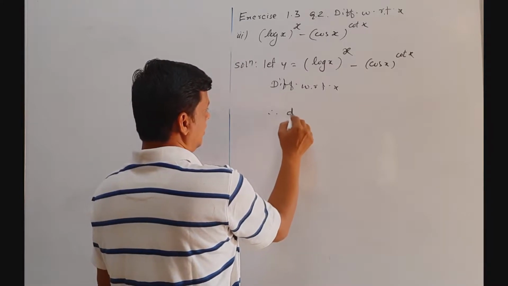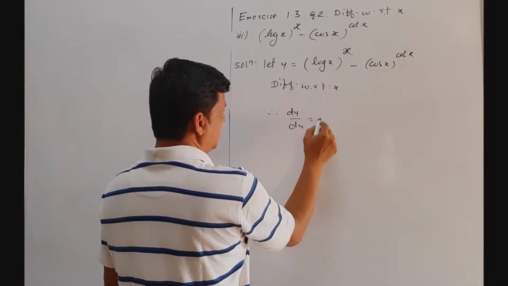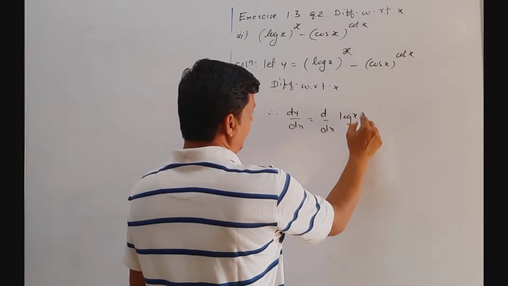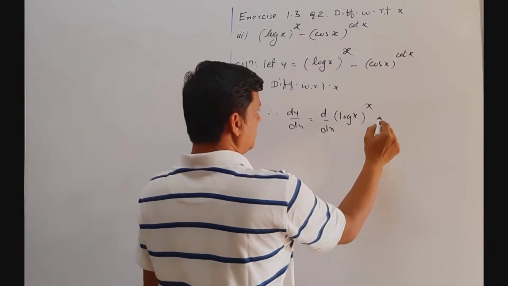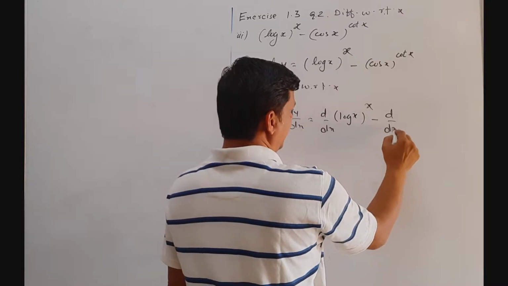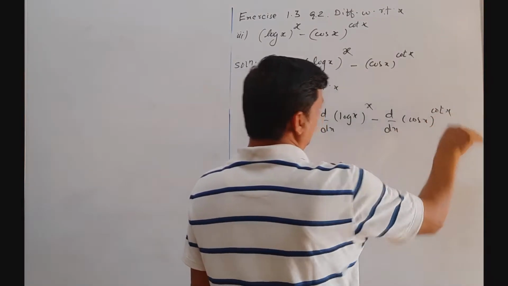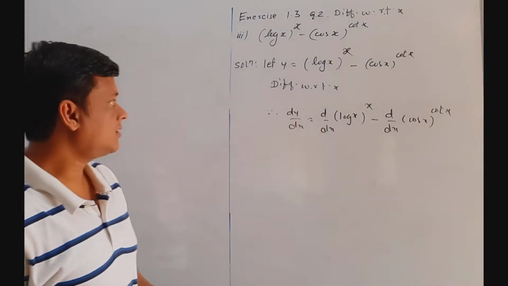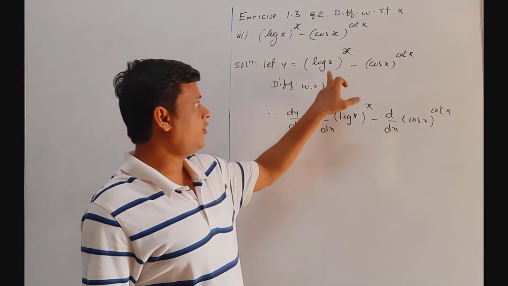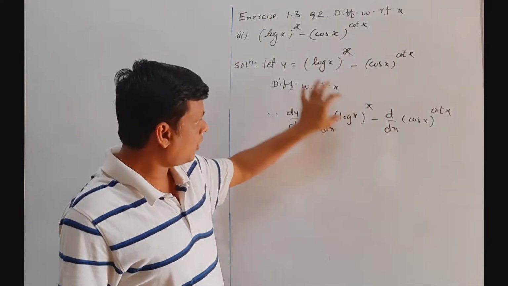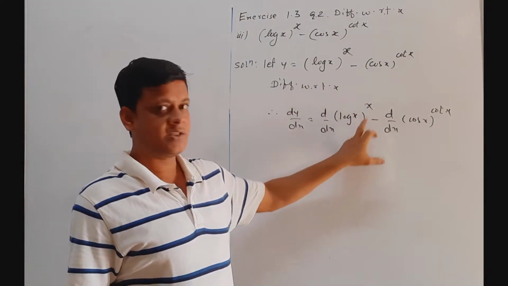Therefore dy/dx = d/dx of (log x)^x minus d/dx of (cos x)^(cot x). That means we have to find the derivative of the first term minus the derivative of the second term, but we don't have a formula for such types of functions.